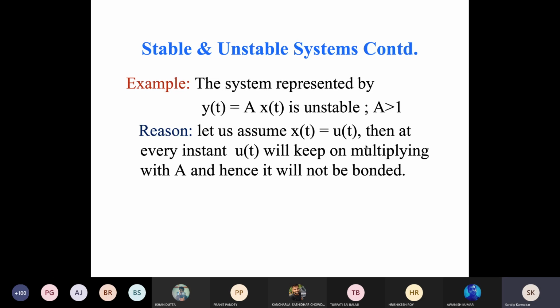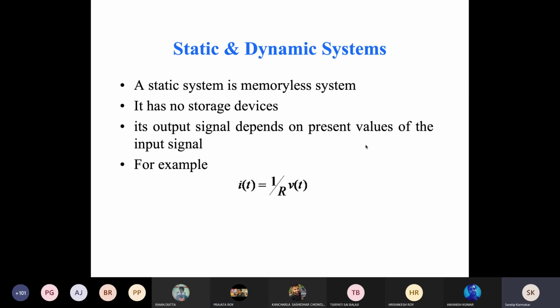Reason: let us assume x(t) = u(t), then at every instant u(t) will keep on multiplying with a and hence it will not be bounded. Is it clear? Yes, sir.